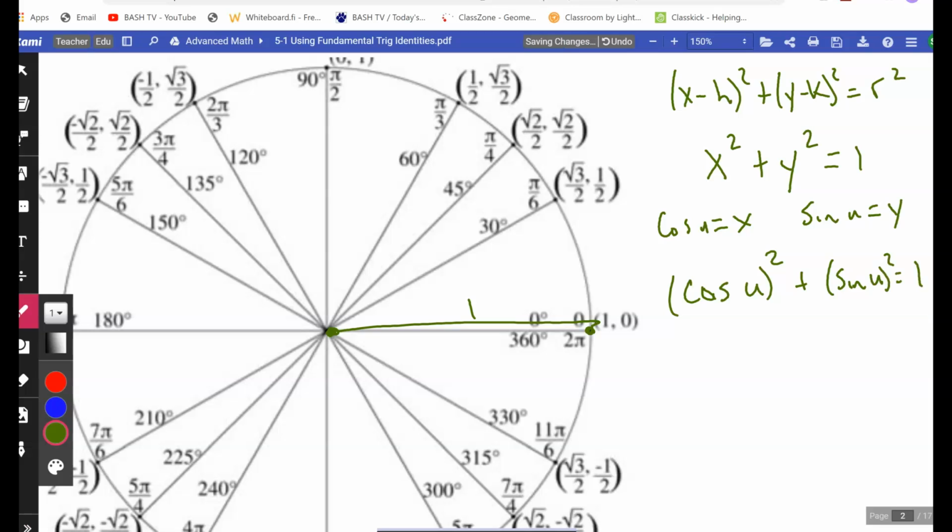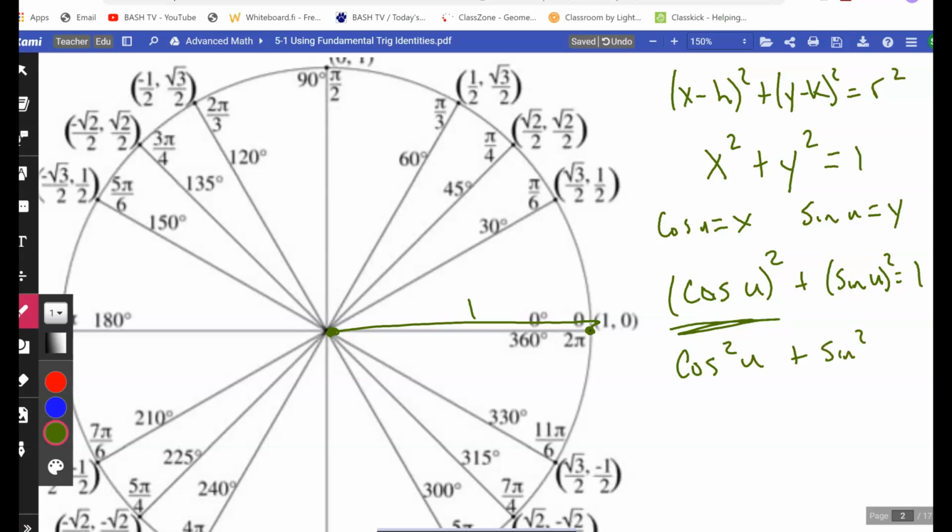Now this becomes an identity, but there's a little notational stuff we need. When you square a trig function, we don't normally write it like this. We can with parentheses, that's fine, but if we drop the parentheses, that would be confusing. It would look like the u is squared. So the way we write a squared or cubed trig function is we put the square in between the cosine and the u.